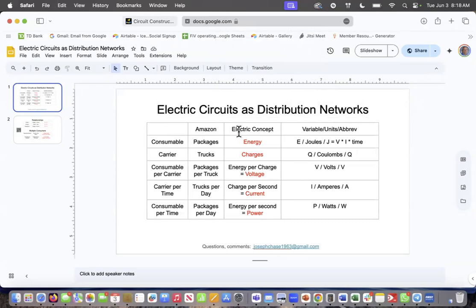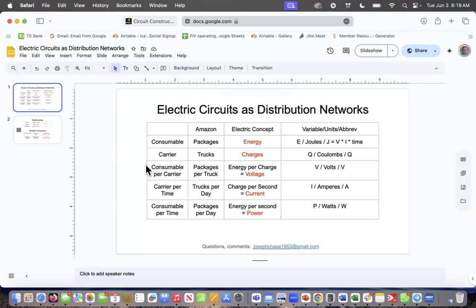So this is a classic distribution network. And what I wanted to show you is that we can imagine a model of a distribution network and then apply those concepts to electricity in a way that can help you visualize what's going on. So in this column, as we walk down through, our distribution network means that we have some kind of consumable and we have some way for the consumable to get to where it's going to be consumed.